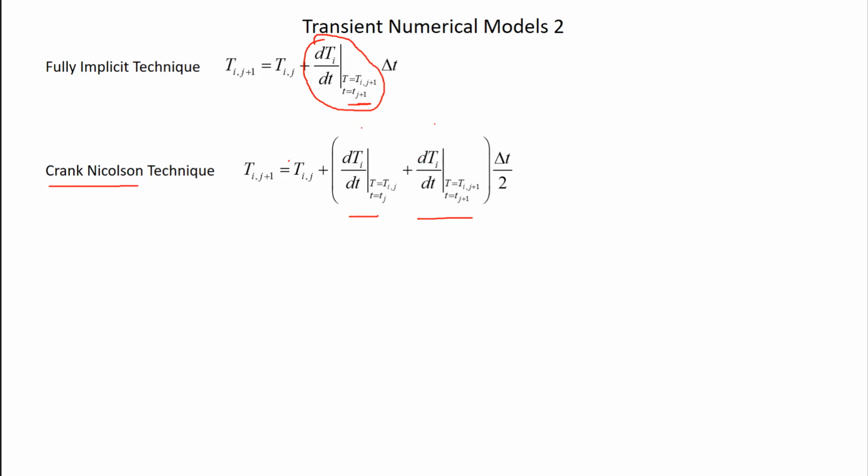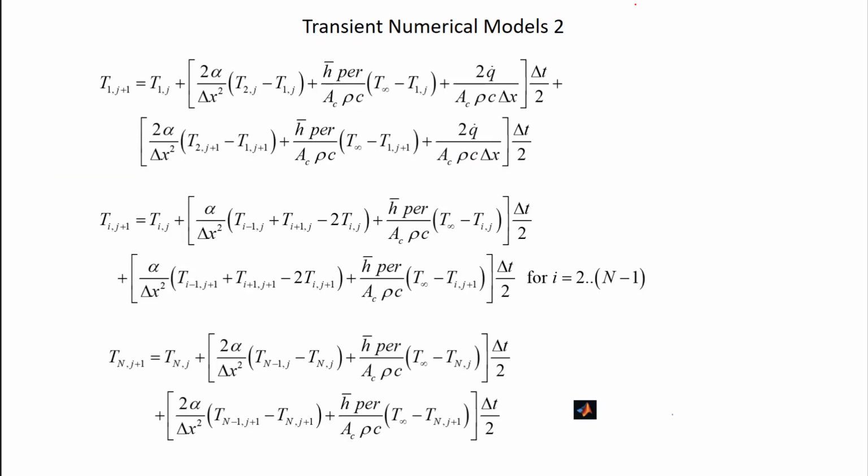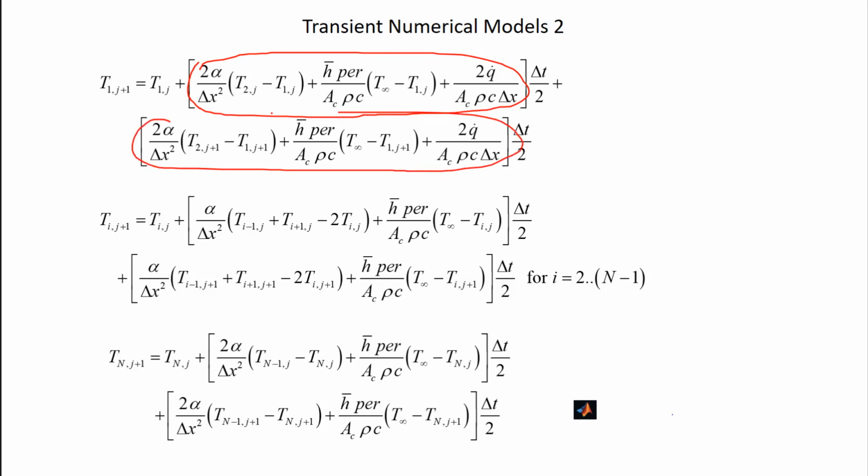And so again, it will be implicit in that all of these equations will have temperatures we don't know in them. But we solve it the same way, right? Here's that written out for this problem. You can see I have an evaluation of the temperature time derivative at the beginning and another one at the end, and each one of those is weighted equally.